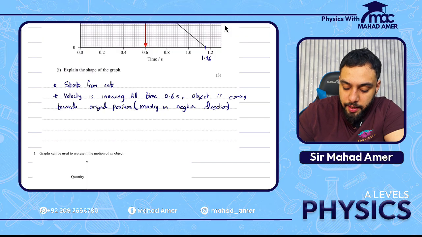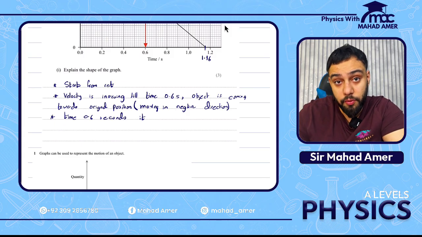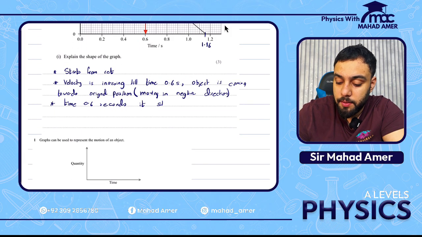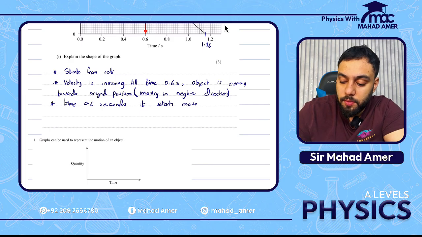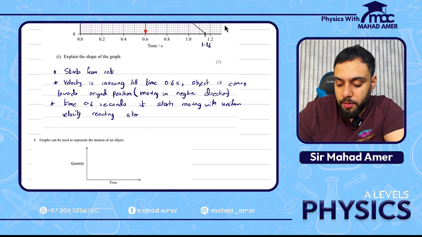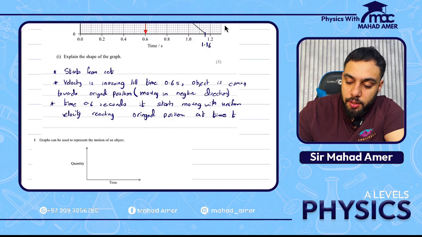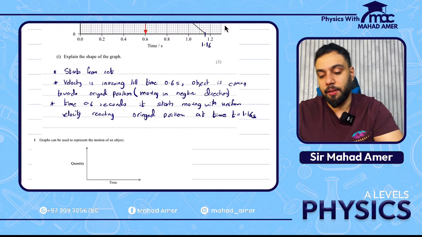And then at time 0.6 seconds, it starts moving with a uniform velocity, reaching the starting position, reaching the original position at time t equals 1.16 seconds.